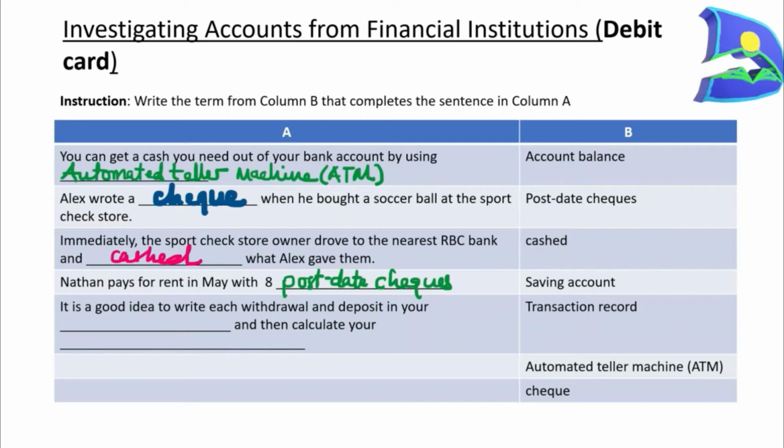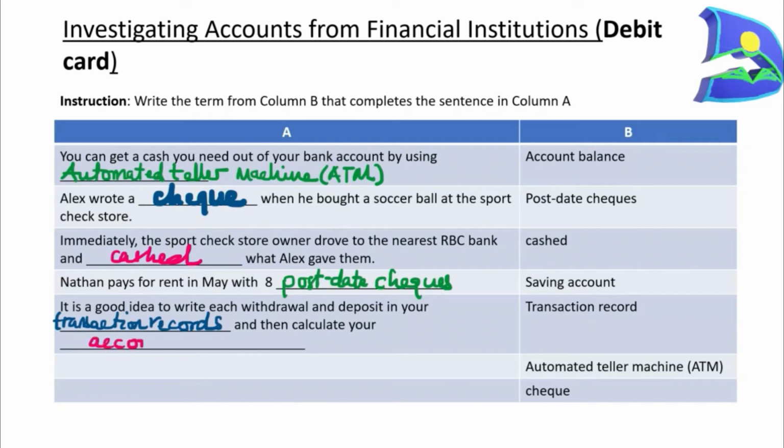And the next one here is, it is a good idea to write each withdrawal and deposit in your blank, and then calculate your blank. So the first blank here is every transaction that you do at a bank has to be recorded either by the organization or by you. So it's always a good idea to keep track of these, so by the end of the month you'll be able to look back and see your expenses and how best to overcome various inhibitions concerning your spending habits.